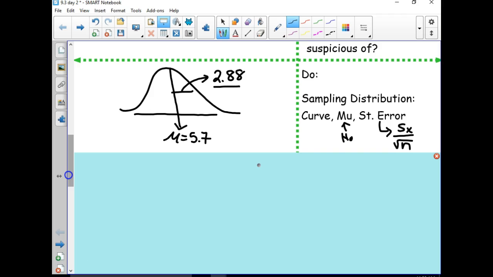And we're going to divide it by the square root of n. N is 5 because there's 5 games. When we do that, 2.88 divided by the square root of 5, we get 1.29. So our standard error is 1.29.